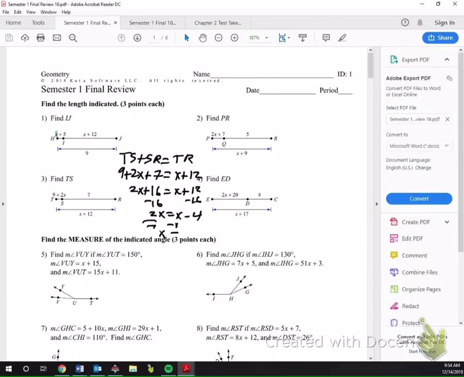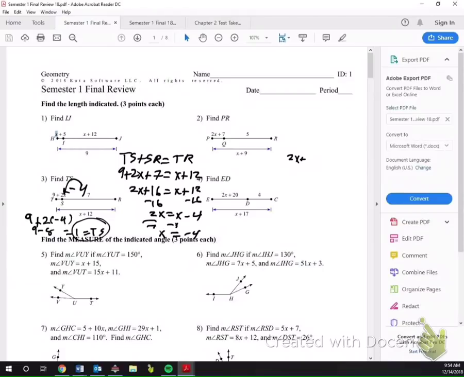Subtract x from both sides, and we get x equals negative 4. Now we were asked to find TS here, so we're going to drop that negative 4 in for x. We get 9 plus 2 times negative 4. 9 minus 8 equals 1, equals TS.